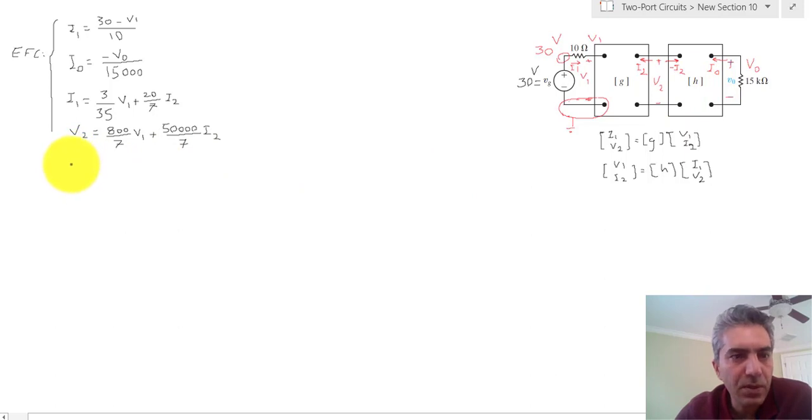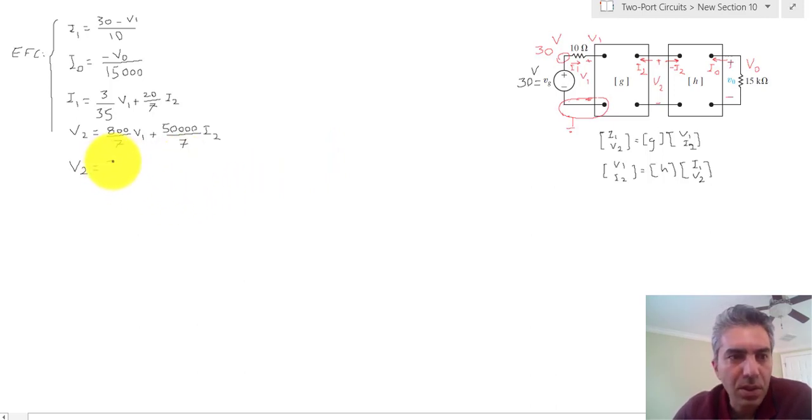So V2 is equal to H11 I1 plus H12 V2. Now H11 times the current of port 1, in this case minus I2, and H11 is 5,000.